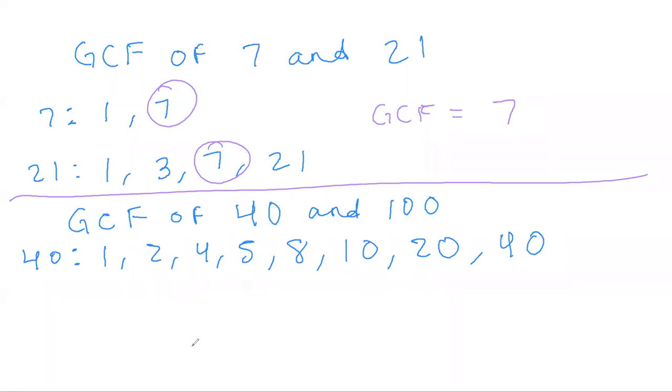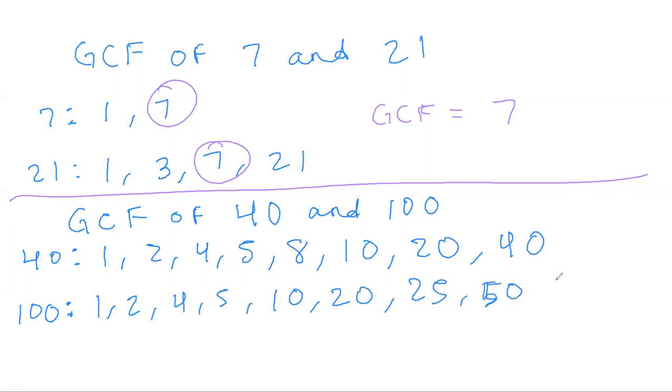All right, and then for 100, so 1, 2, 4, 5, 10, 50, or no, sorry. Is that right? No, there's more stuff in between. So 20, 25, 50, and then 100. So going through this list, I see that my GCF is 20. So I'll write that here.